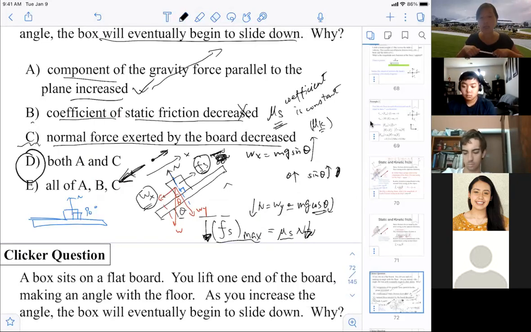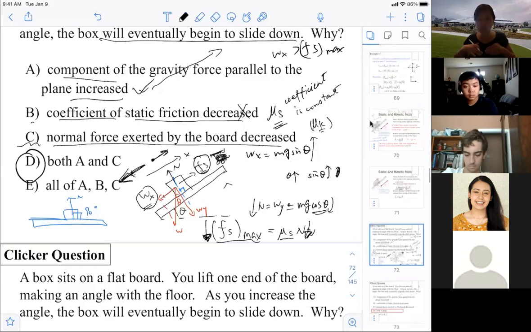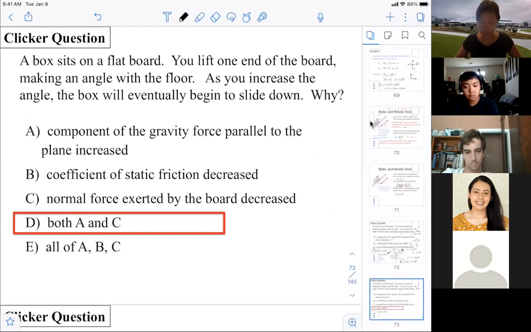I'm saying the maximum amount the surface can possibly provide decreased. So it's easier for the weight of gravity to become bigger than the maximum amount of static friction, so it eventually slides down. It's a little wordy to say, but we want to be accurate in our expression. So A and C are correct.